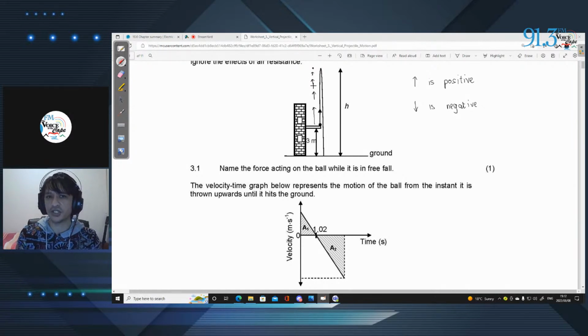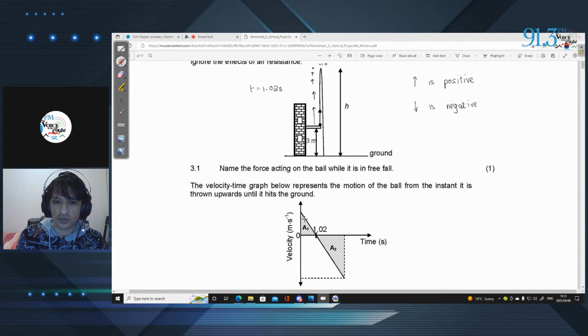Now, how does that actually relate to our graph? Well, if you look here, we're starting off with a big positive velocity, and our velocity is decreasing till it gets to this point here at 1.02 seconds, where the velocity is 0. Now, at the maximum height, our velocity is 0. So we know from this graph that it took us t equals 1.02 seconds to reach the maximum height.